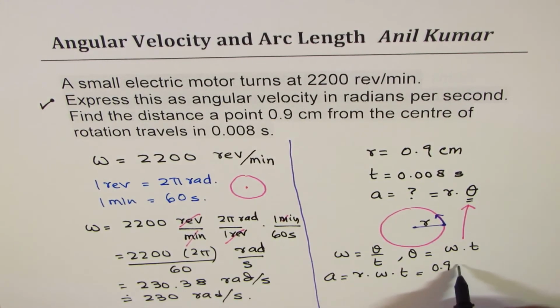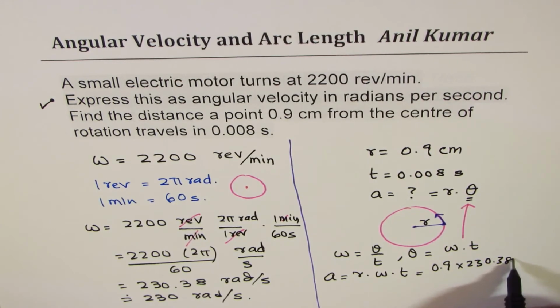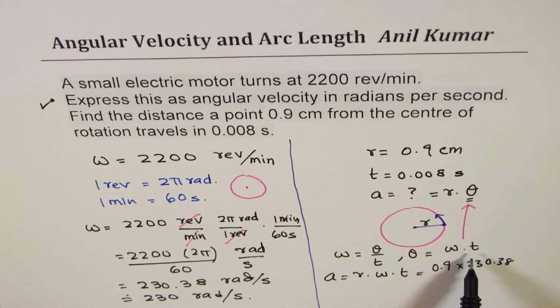Omega we just found, we'll multiply by 230.38, and then time is 0.008, to get the whole thing. And the units will be the units of radius, which is centimeters. Perfect. So let's do this.